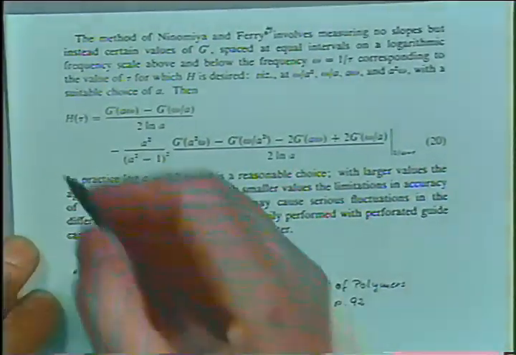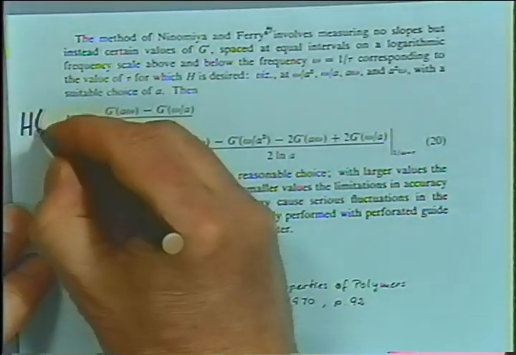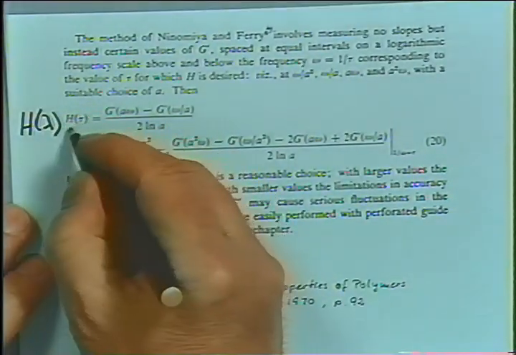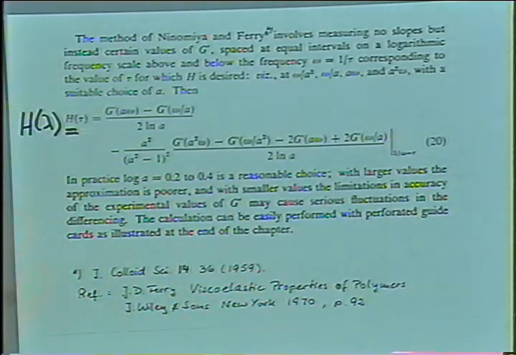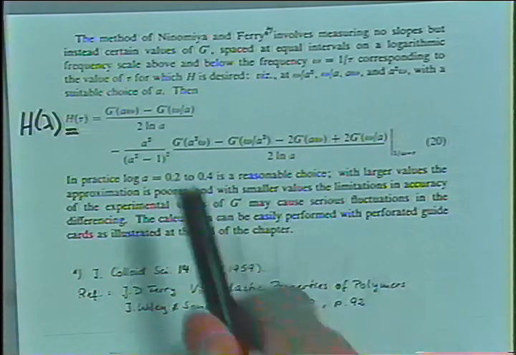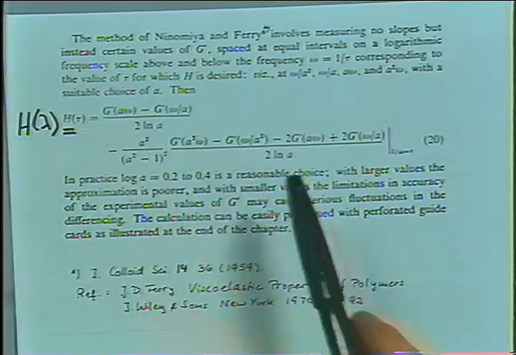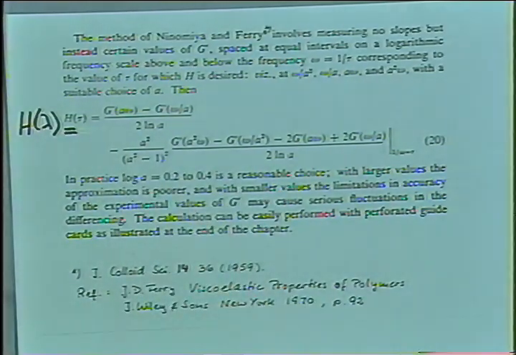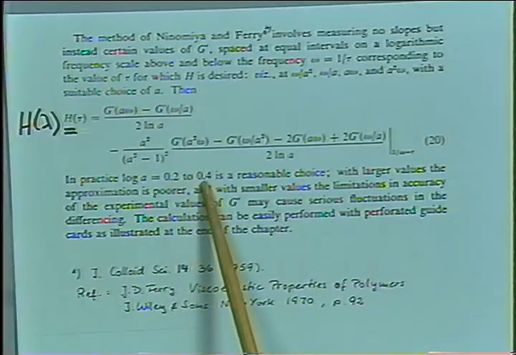And there are many, many different ways which have been proposed in the literature. One spectrum here is given by Ninomiya and Ferry. Here he has h of lambda, a slightly different notation. And A in this description is just a constant fitting parameter which is between 0.2 and 0.4.